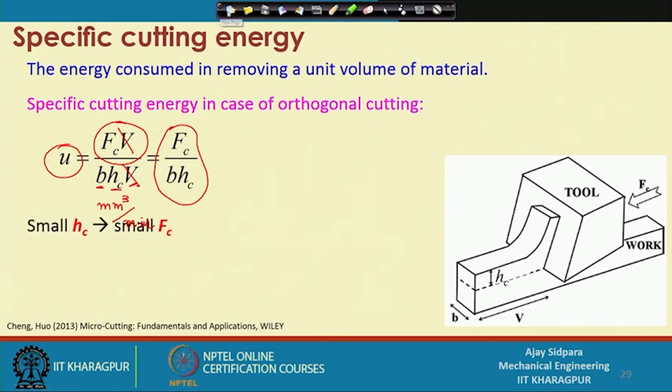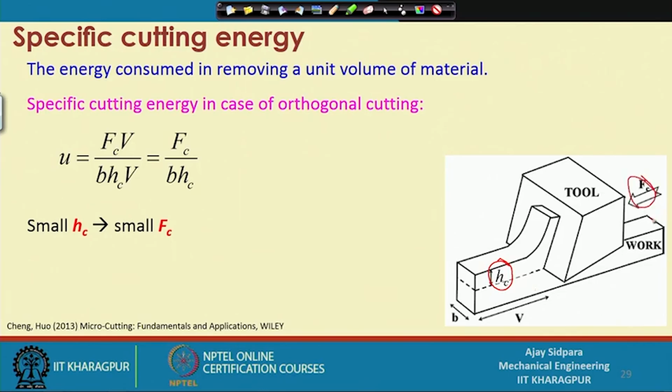Now, what is important here is what happens when Hc increases. Let us discuss these two parameters and our force requirement. Consider that we have two situations. So, this is the cutting tool and this is your Hc.